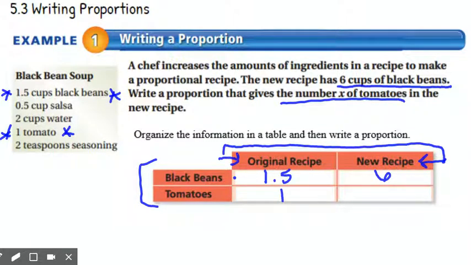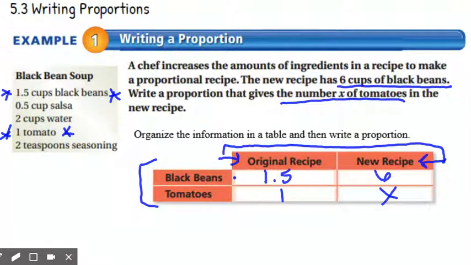That's what we would have to figure out. So because we don't know it, we're going to put a variable, and it says put X. So 1.5 for original amount of black beans, 1 for original amount of tomatoes, and then in the new recipe, 6 cups of black beans, and we don't know how many tomatoes.